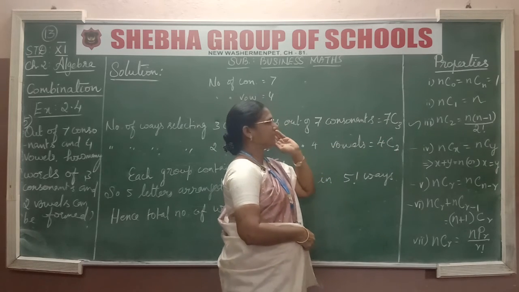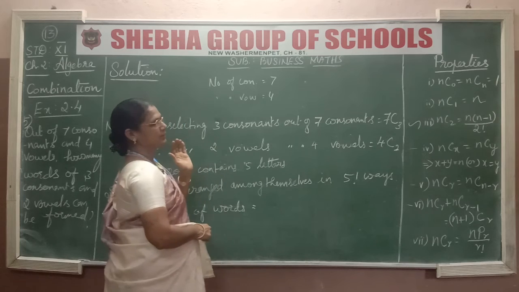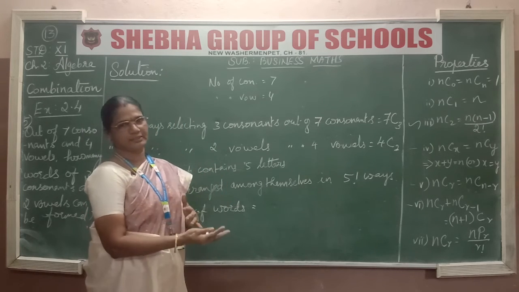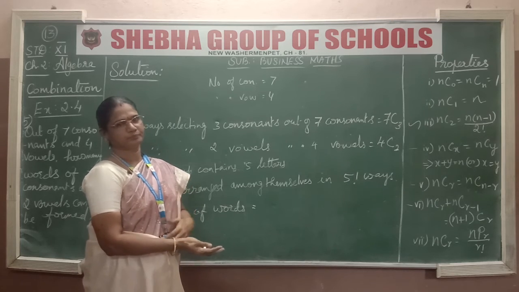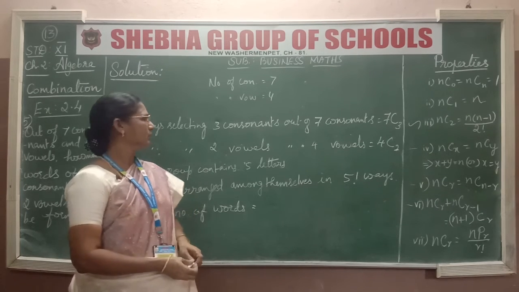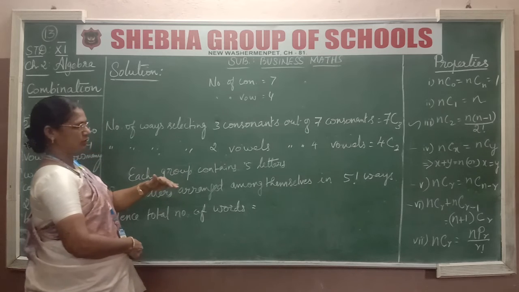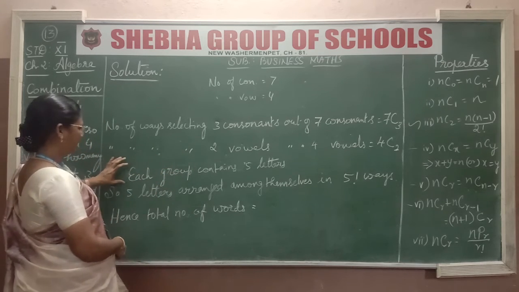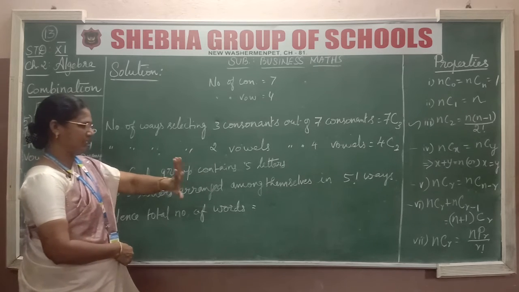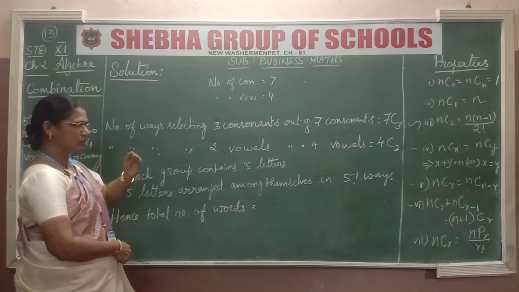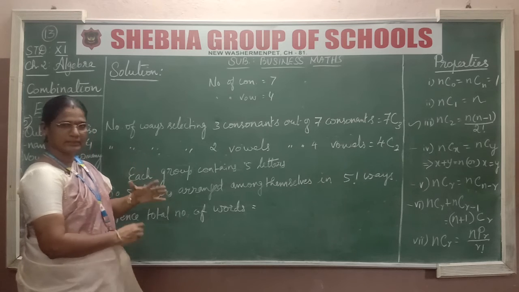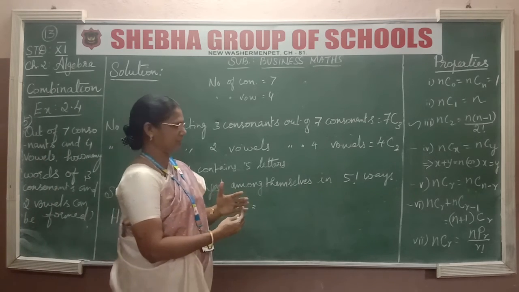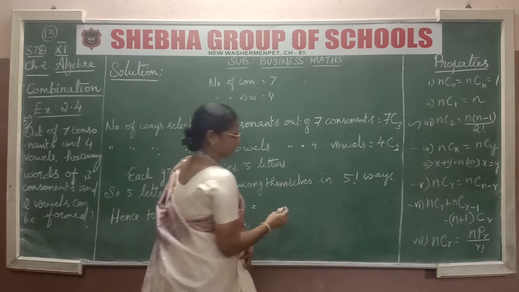Next, they asked for the arrangement. Arrangement means we go to permutation again, because they asked for the number of words. Each group contains 5 letters. Rearranging those 5 letters among themselves, how many ways are there? That is 5P5.